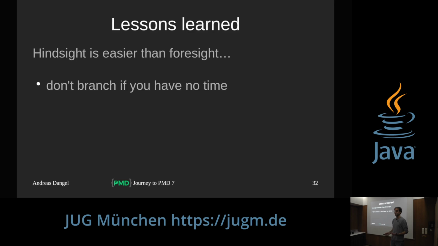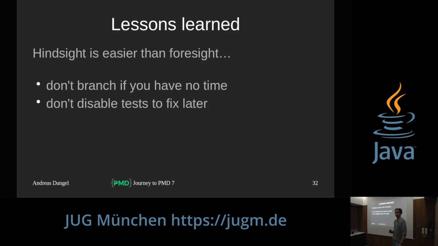Short-lived branches are okay, but if you think you can't do it in a short time, you shouldn't do it in a separate branch. You need to do it some different way.